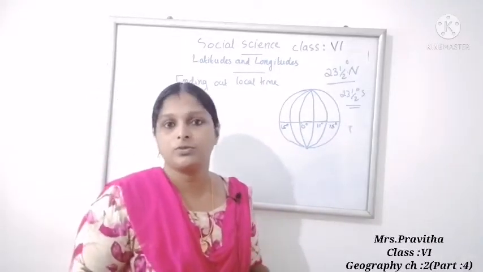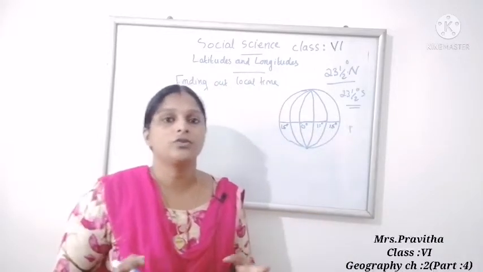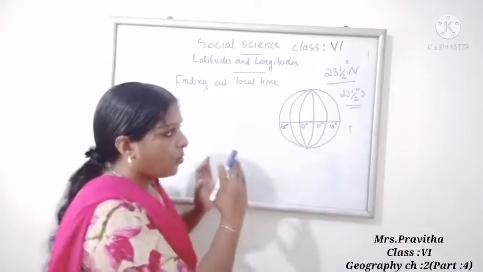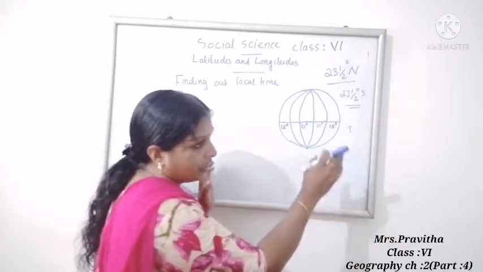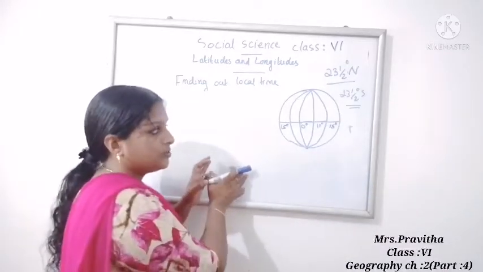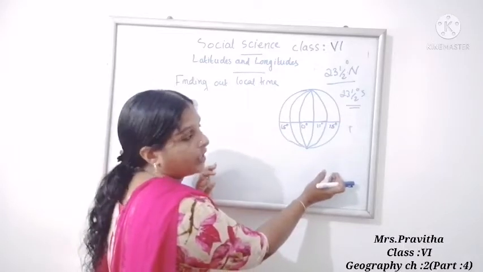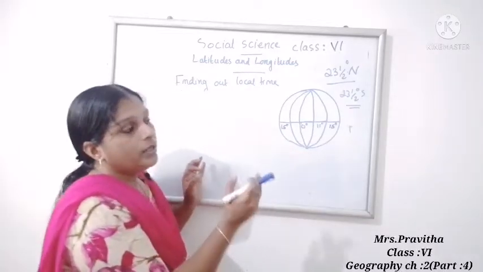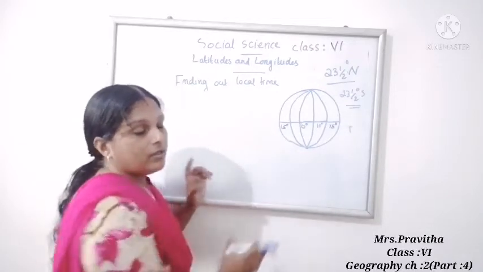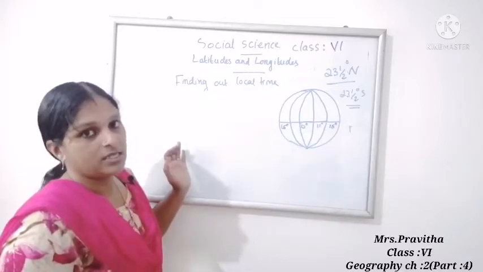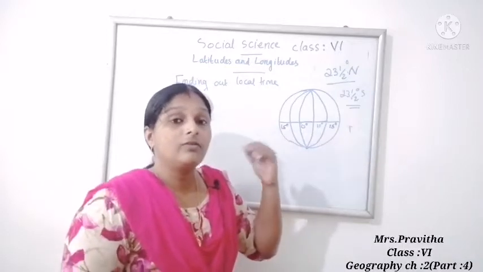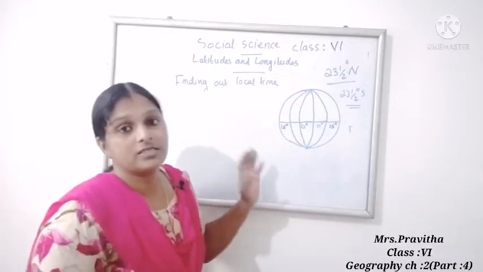Avoiding such countries, most countries take their own standard meridian, and based on that, we calculate the difference for a particular country, whichever longitude that country takes. Then we check whether it is in the east or west. For example, Saudi Arabia, we want to calculate whether that country is in the eastern or western direction.